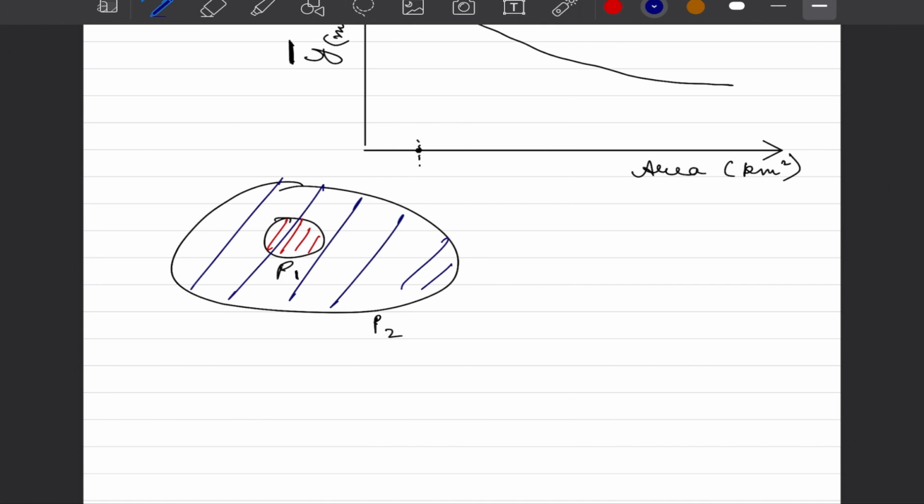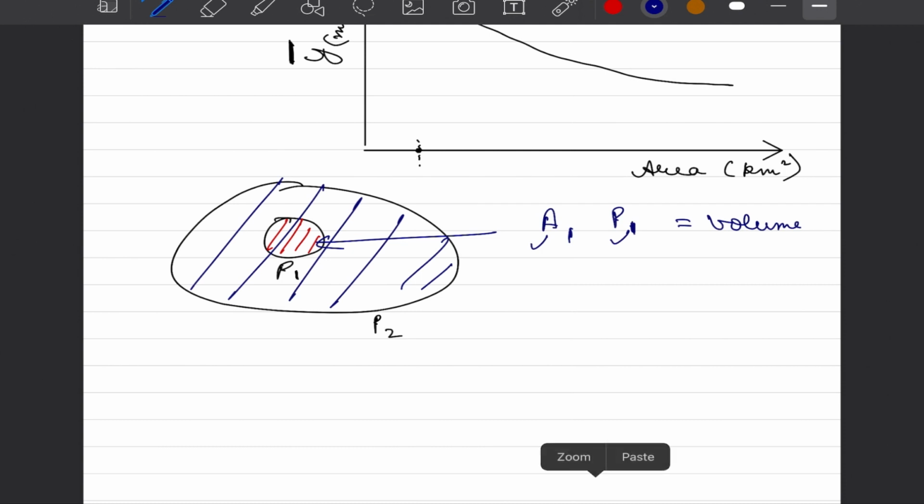So we say that the area associated with the red region here is A1, and the amount of precipitation that has fallen is P1. If we multiply area with depth of precipitation, we get the volume of precipitation that has fallen on average in the area hatched in red.